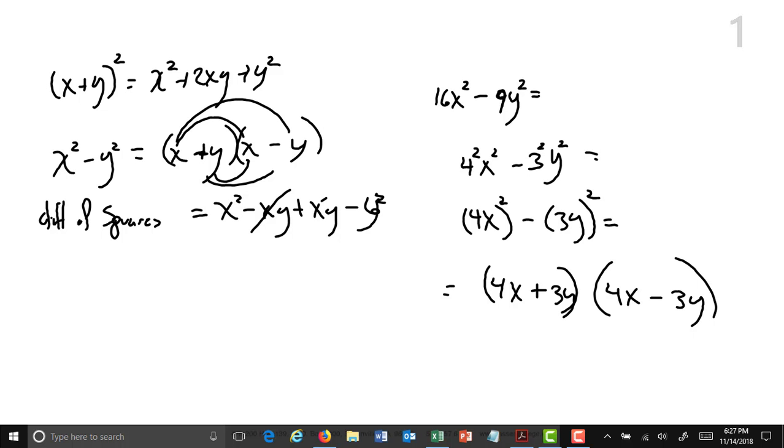So that's the all-important difference. So you have to practice these foiling. I don't know if you want me to do one of these. Let's do one on the homework. It's every third odd one, right?